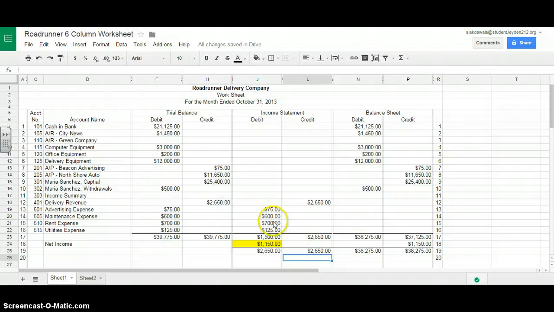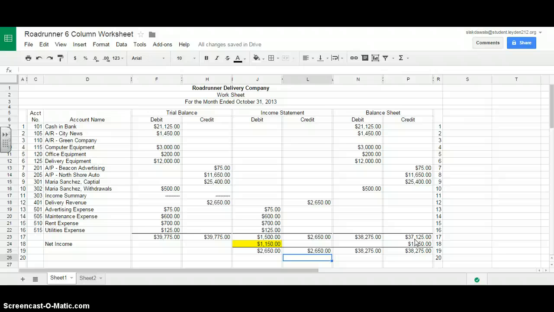But in this example, we experienced net income, so we are adding it to our balance sheet on the credit column so that we can increase or boost our capital. Okay, so this is, in general, how we complete the 6-column worksheet.